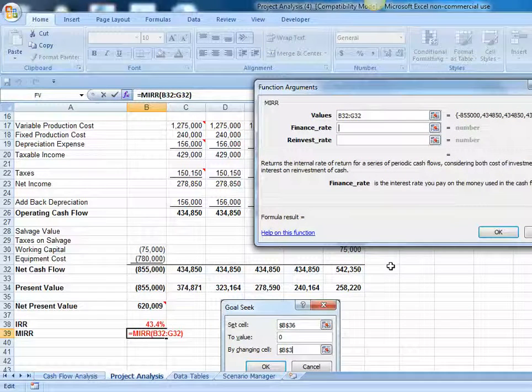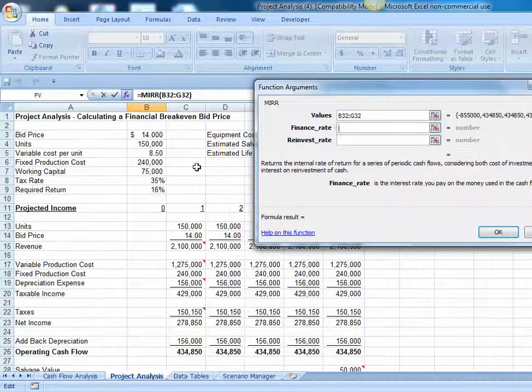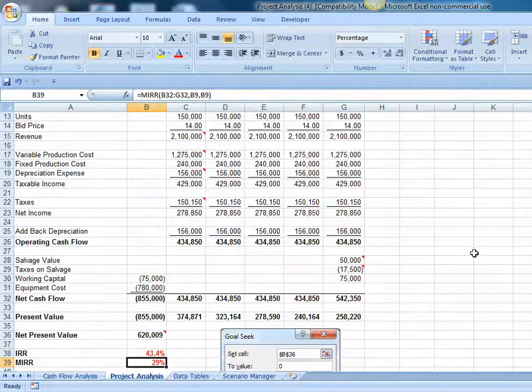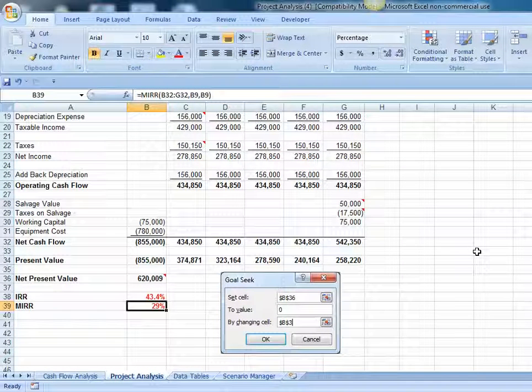Our finance rate, that's going to be our required rate of return of 16%. And in this case, we could pick the same reinvestment rate, or we could pick an alternative reinvestment rate, lower or higher. Let's go with the same 16% and hit OK. And we see our project has a modified IRR of 29%.